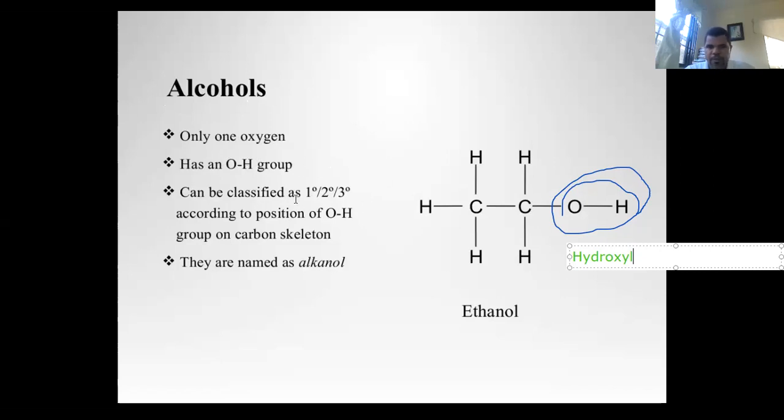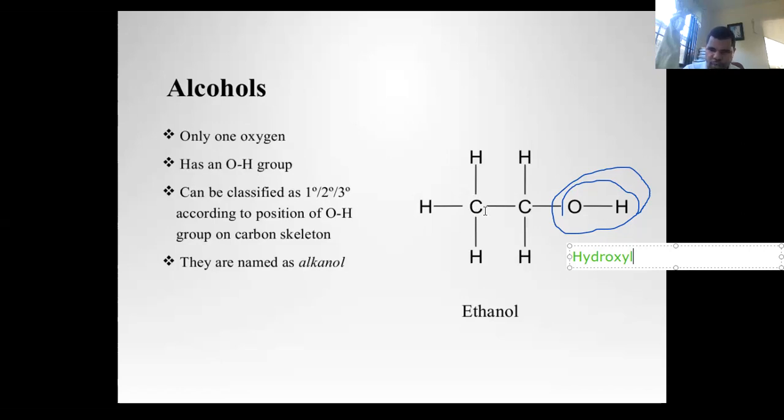The alcohols can be primary, secondary, or tertiary. And this depends on the type of carbon where the OH is located. For example, remember that we discussed primary carbons. Anybody remembers what a primary carbon is? A primary carbon is a carbon within a chain that is attached to only one carbon atom.